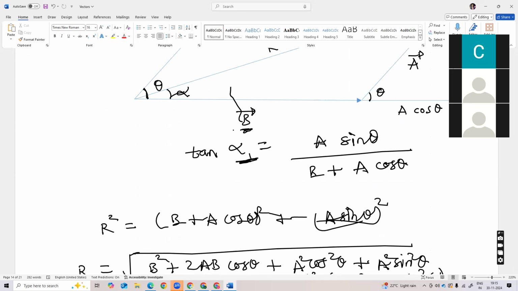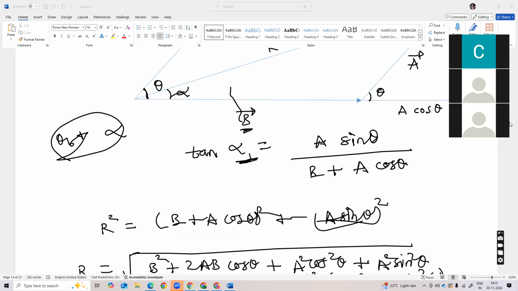After getting this alpha, you can add the angle of theta B, and it will give you the angle made by the resultant with the horizontal or x-axis. So you can solve it like that.